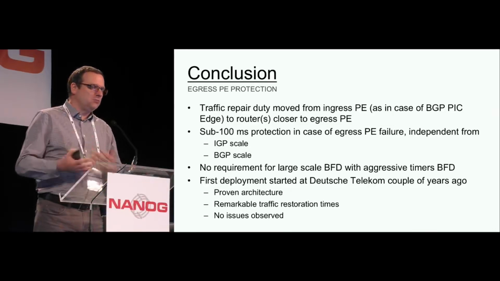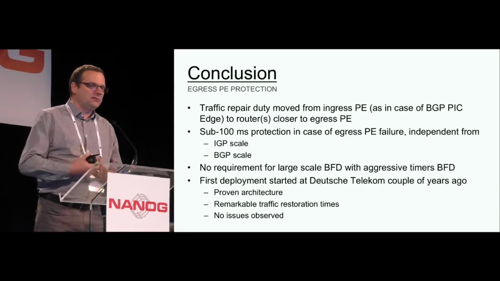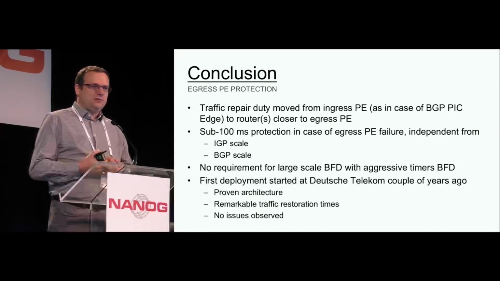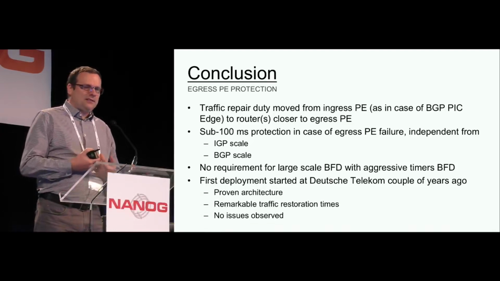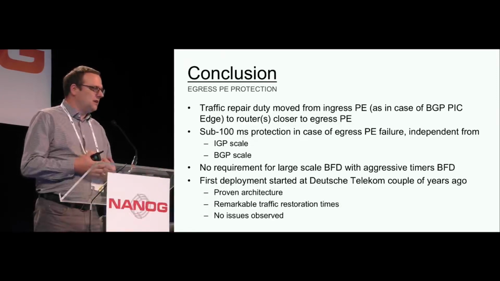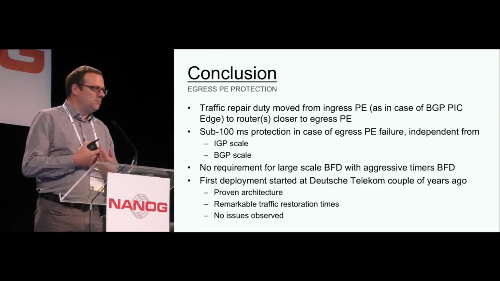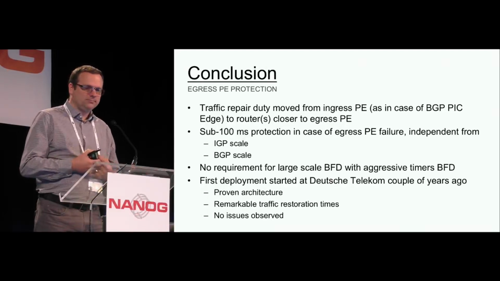Because it is moved to a node very close to the egress PE, the reaction can be much faster, because we don't need to wait for IGP convergence, for example, to redirect the traffic. Because of that, we can provide sub-100 millisecond protection regardless of the IGP scale and BGP scale. BGP PIC Edge still depends on the IGP scale, typically.